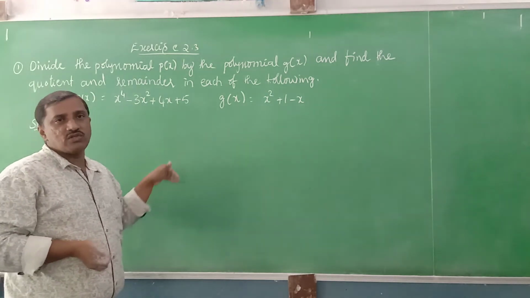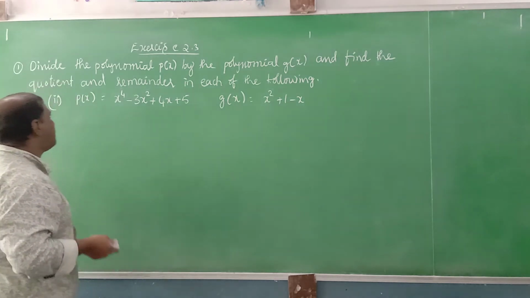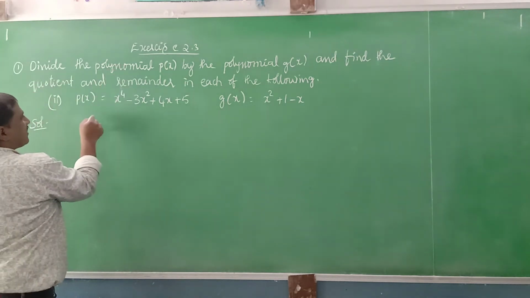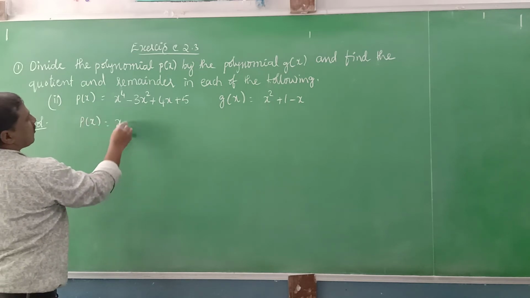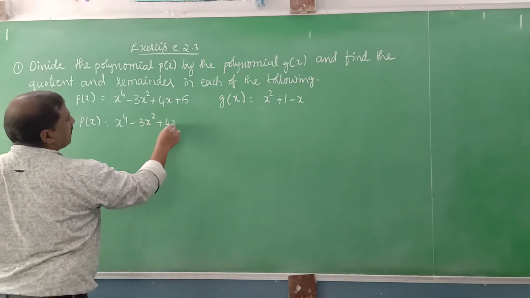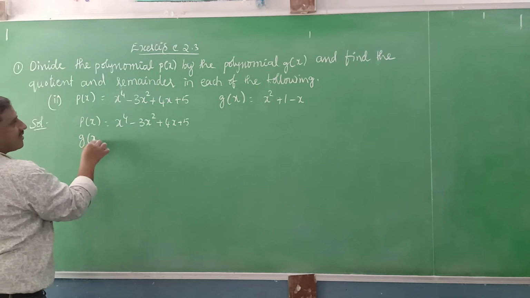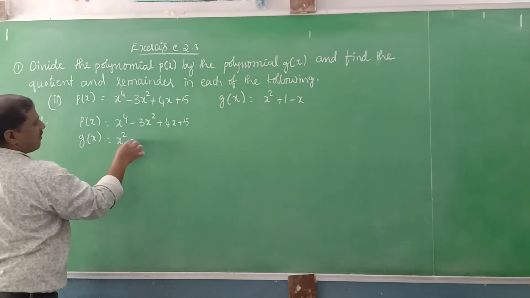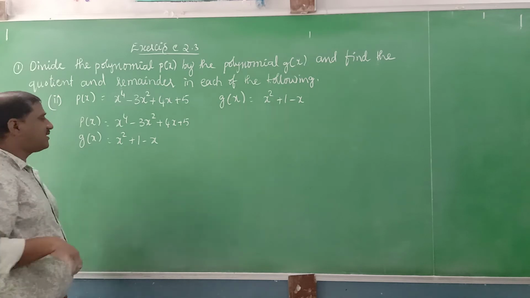Then the third step, as usual, you should divide the first term of the dividend by the first term of the divisor. So now p of x is equal to x to the power of 4 minus 3x square plus 4x plus 5. Now g of x is equal to x square plus 1 minus x.